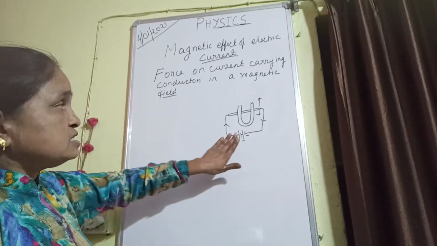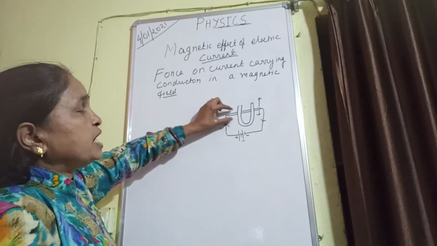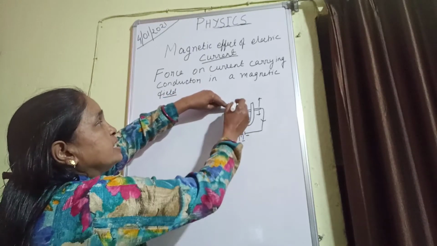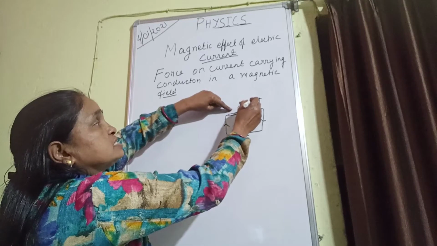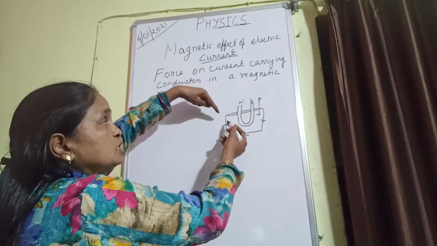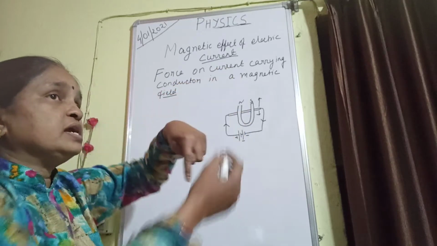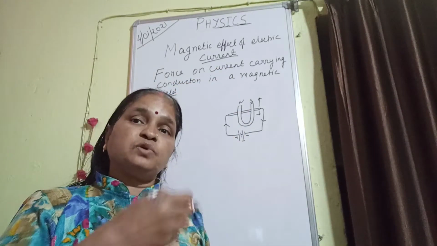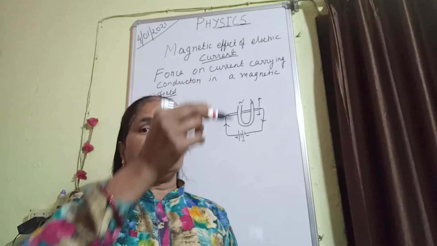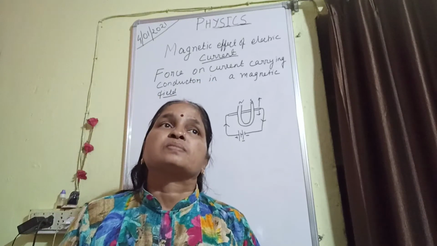As current passes, a magnetic field is produced around the conductor, and this magnet has its own magnetic field. There is an interaction of the two magnetic fields which exerts a force on the conductor, and then this conductor comes in motion.